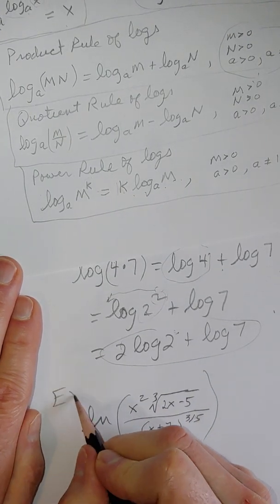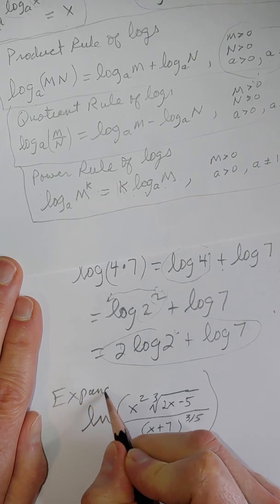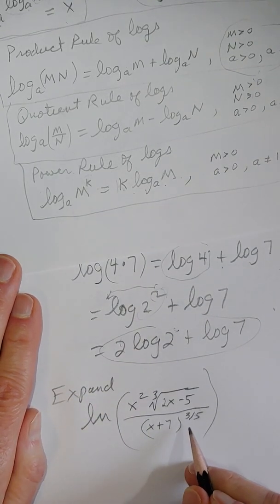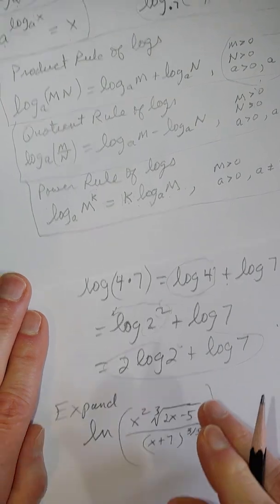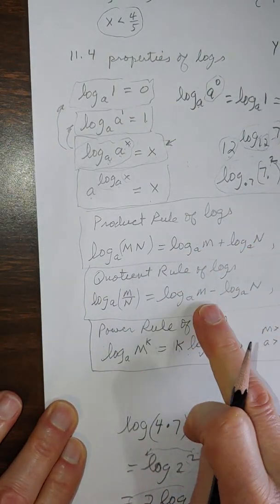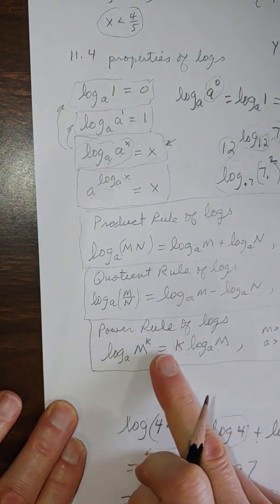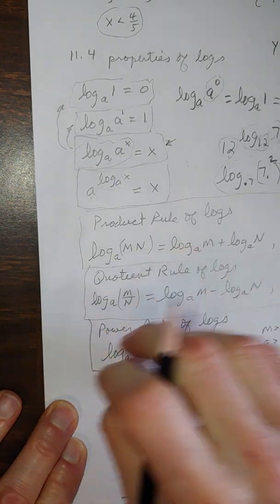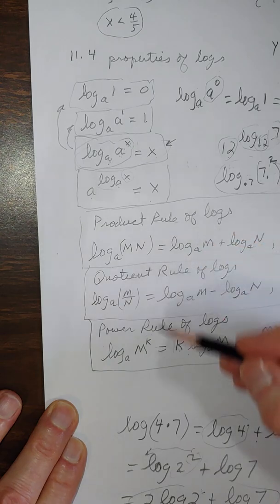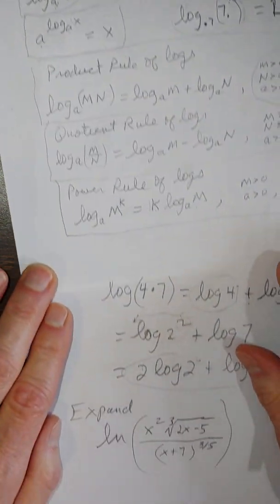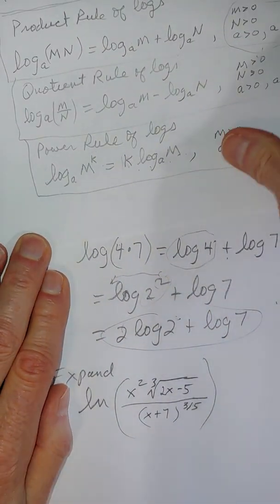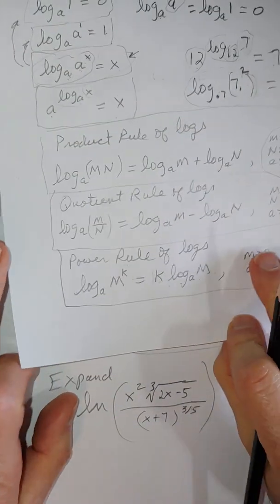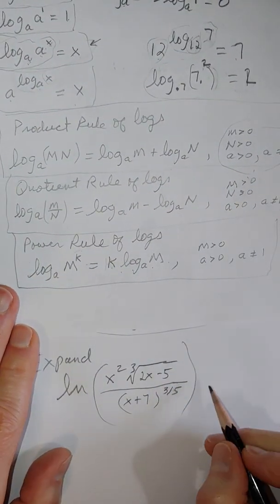Suppose you were told to expand this log. In other words, write this as a sum or difference, with constants times logs, bringing down the exponents. Expand it using these properties. Change it to like the stuff on the right side. So let's see how we could do that. This is kind of a complicated one, but watch.